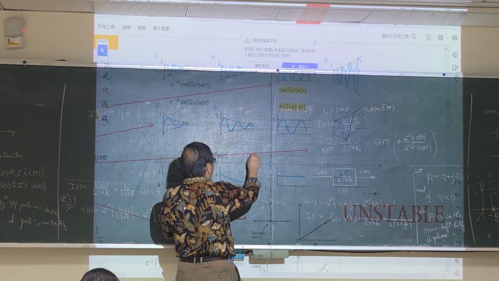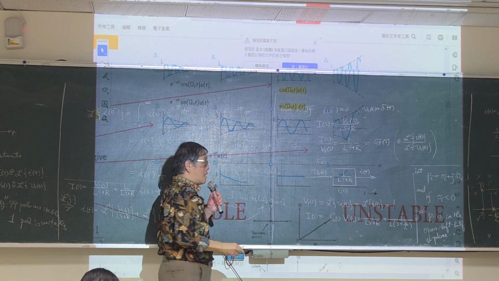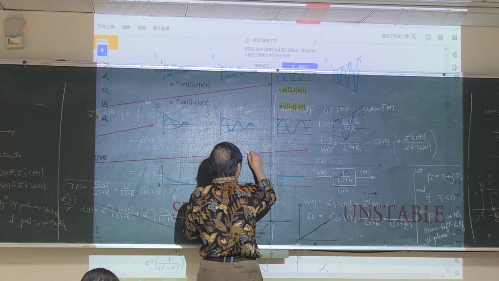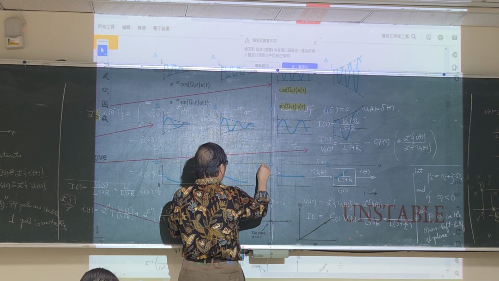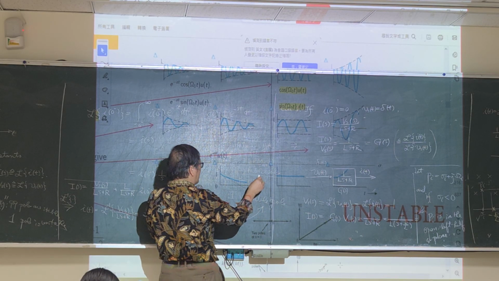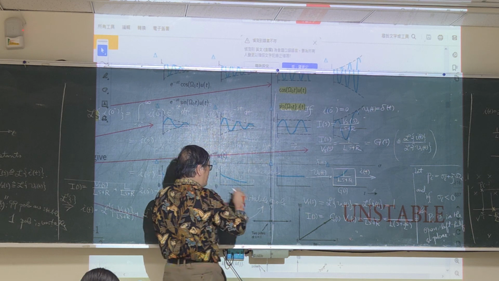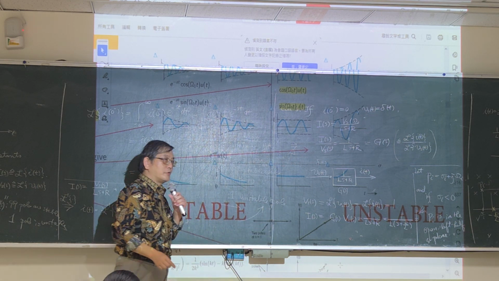Even though 99 are stable and eventually approach 0, the last one, this guy is a bad guy. It's going to grow without bound, eventually approaches infinity.